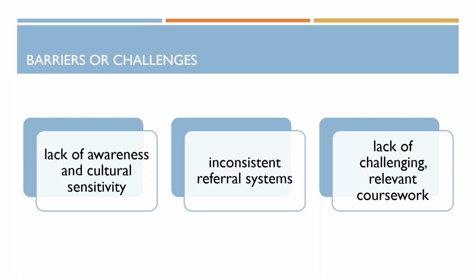And I think this is one that could really broach all students, not just English learner students, but making sure that we can be as consistent as possible within our referral systems, both to support services and outside agencies, and just keeping that pathway as straight and narrow as we possibly can, and making sure that there's consistency within that.